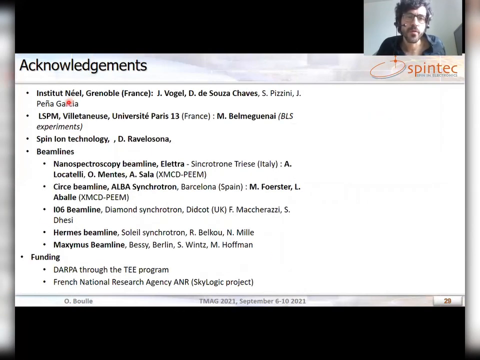This work was done with a lot of collaborators, in particular with the Néel Institute, and the University Paris 13, Mohamed Belmeguenai, for the BLS experiment. The helium irradiation was done at Spin-Ion Technologies. All the X-ray magnetic microscopy was done in several beamlines in Europe, which are listed here.